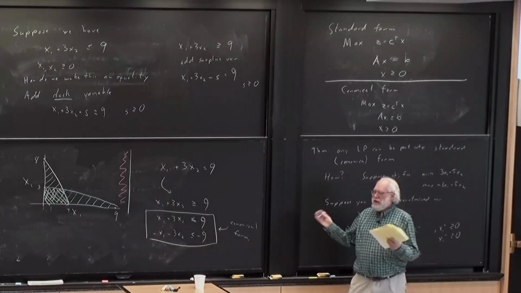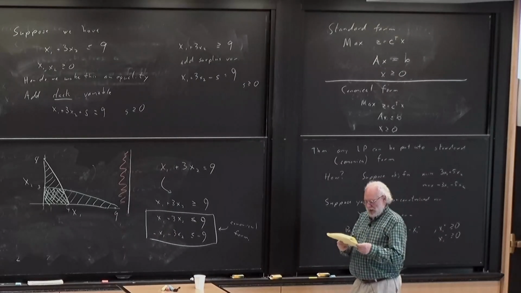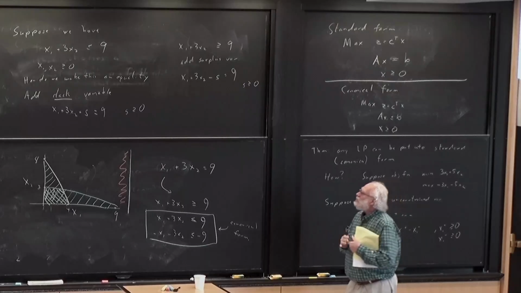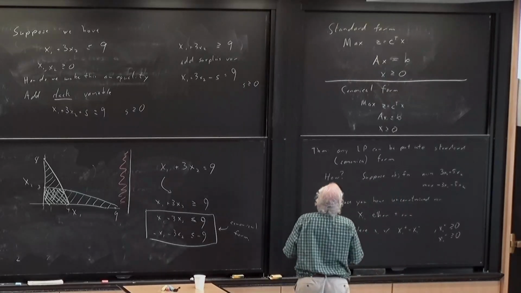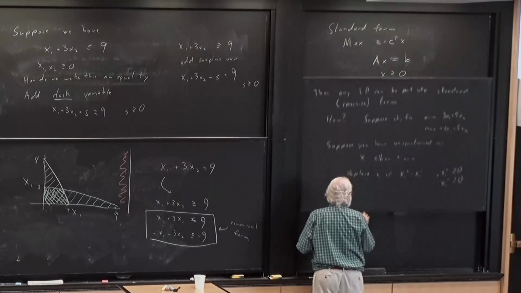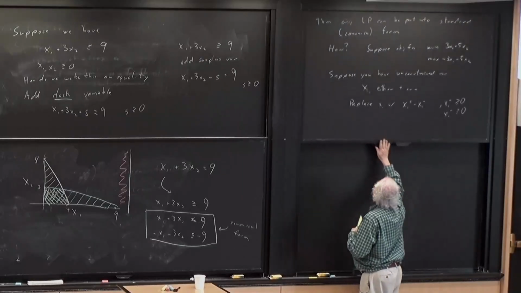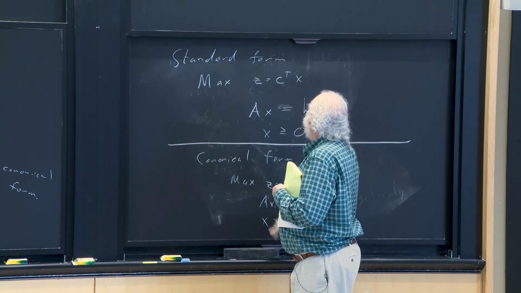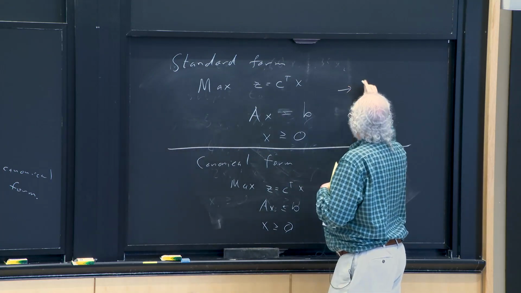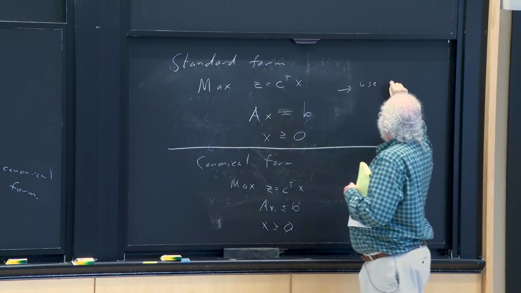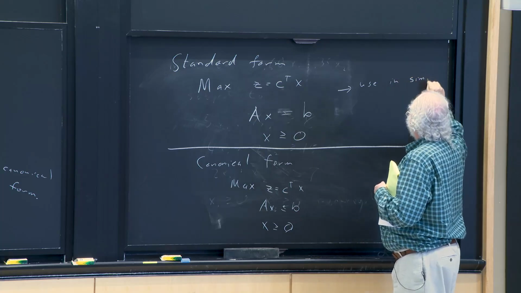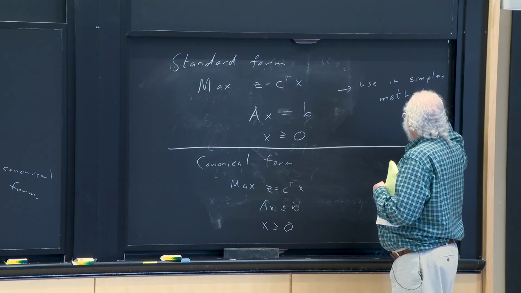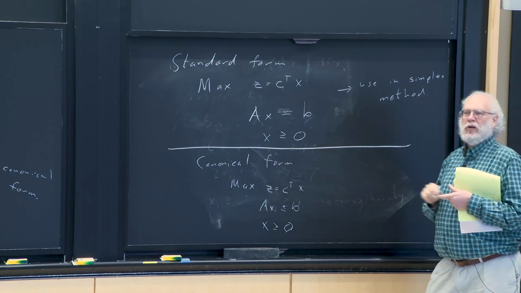So why do we need to worry about canonical form and standard form? Well, standard form is used in the Simplex method. The Simplex method is one of the standard ways of solving linear programs.